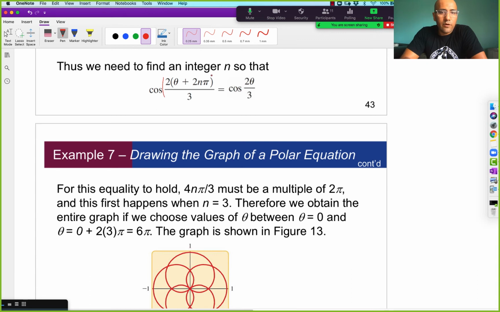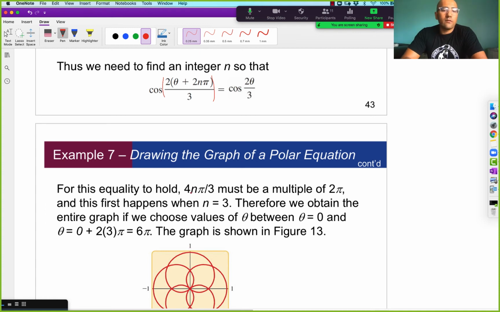The 3 is part of that. So if we distribute, we end up with 2 pi over 3. And then in here, we end up with 4 pi over 3. So we need to figure out something so that this is a multiple of 2 pi. And then if we have that, then obviously these two will be equal to each other.